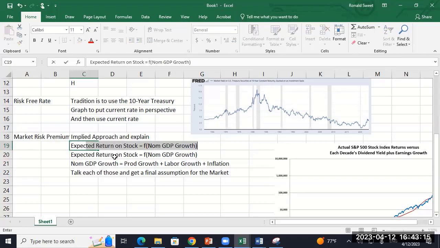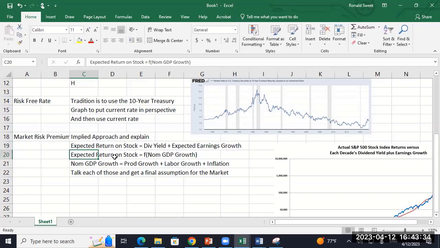So the expected return on stocks is what? Dividend yield plus expected earnings growth.